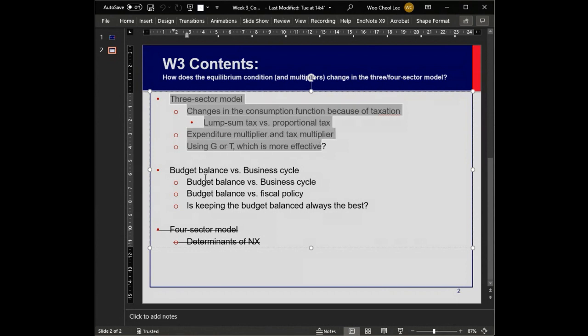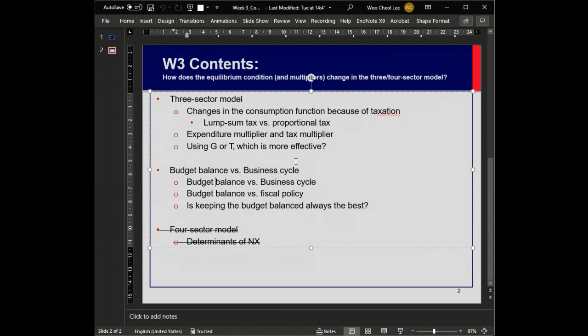And after we finish this, we're going to talk about the budget balance and the business cycle, how the government budget balance would be affected by the business cycle or fiscal policy. This is a bit separate topic, but related to the behavior of the government. So these 2 are the key things we will do today.